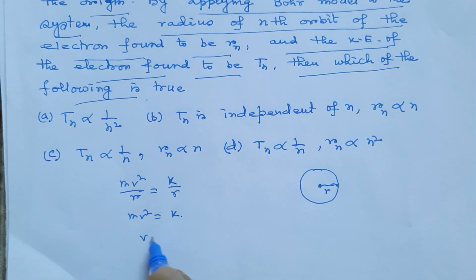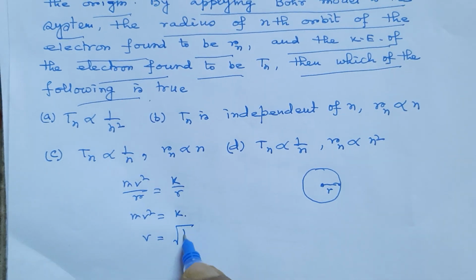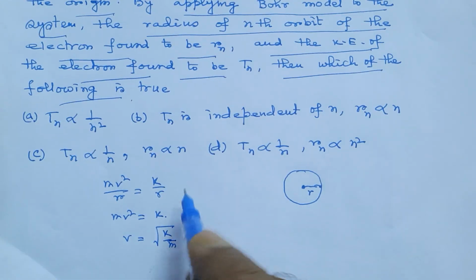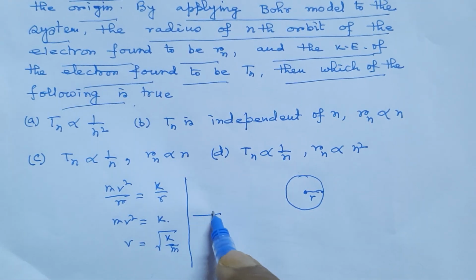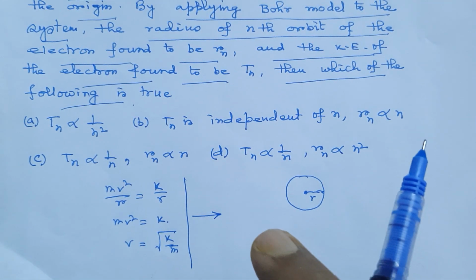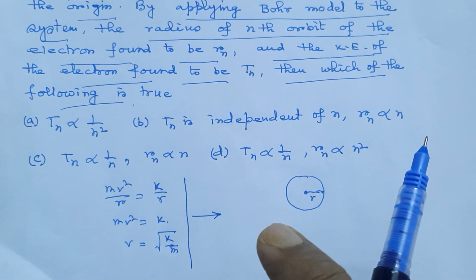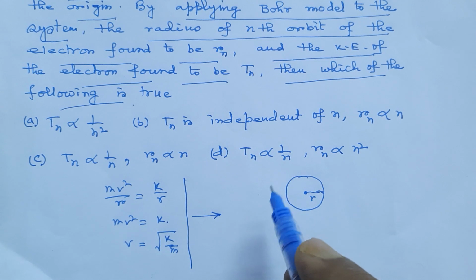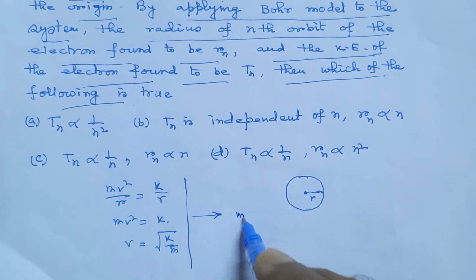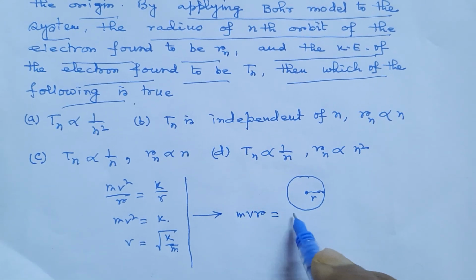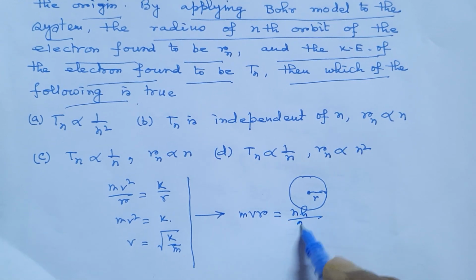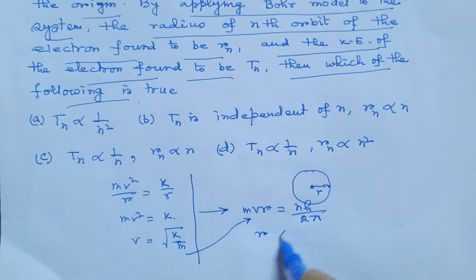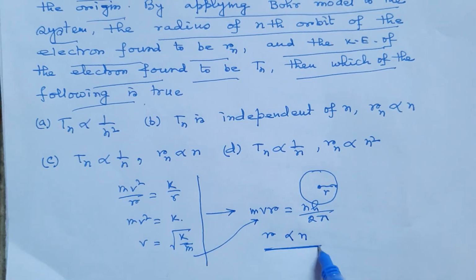So v equals root over k by m, independent of n, the principal quantum number. Again, Bohr's quantum condition gives mvr equals nh by 2 pi. As v is independent of n, r is proportional to n.